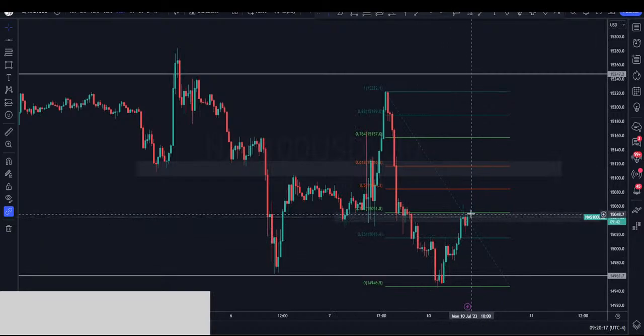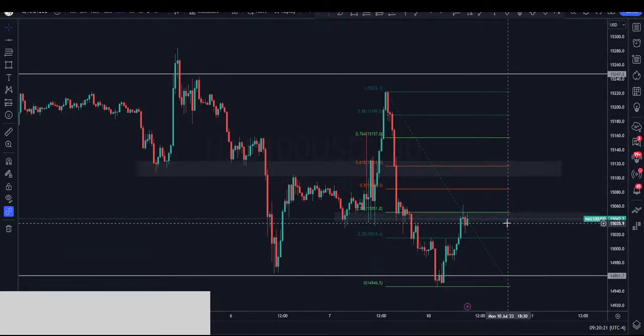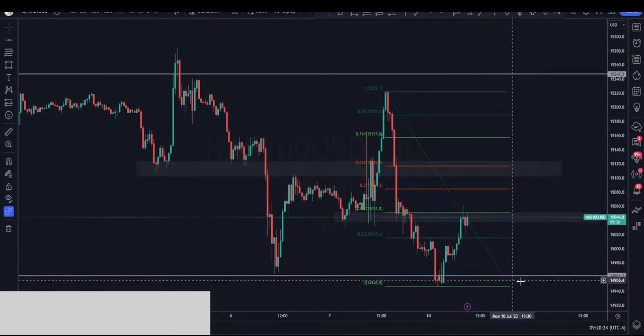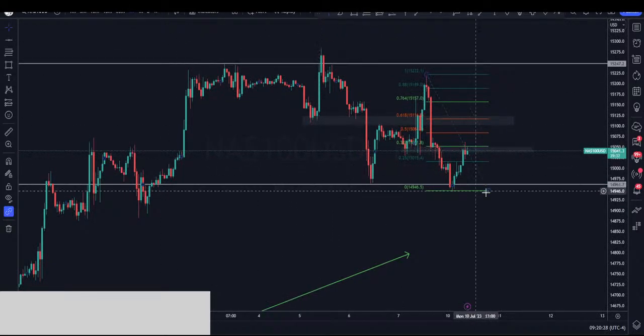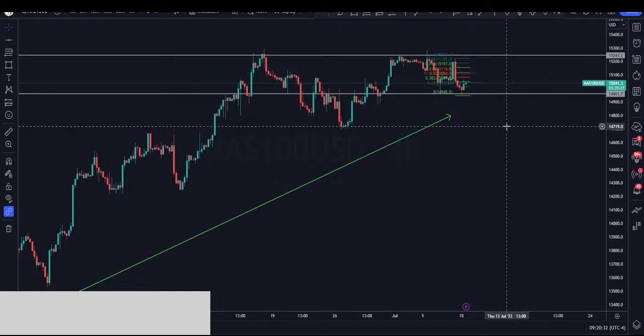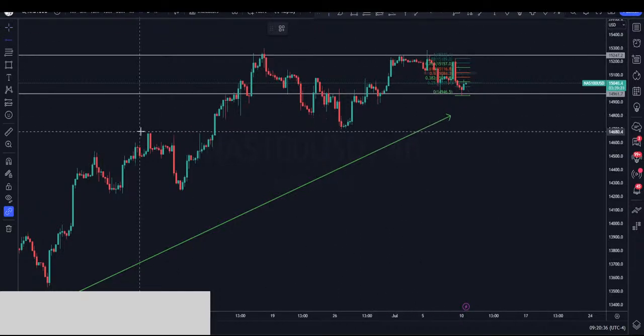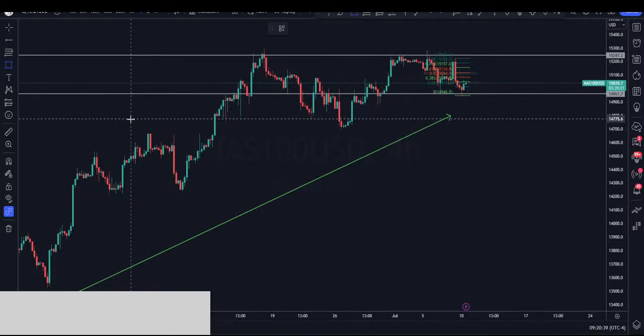Now, if price does continue to reject this area, we may look to go short again. And then if it breaks this area, then we may be in for kind of a longer term downtrend. And then in that case, we're looking at levels like maybe here.